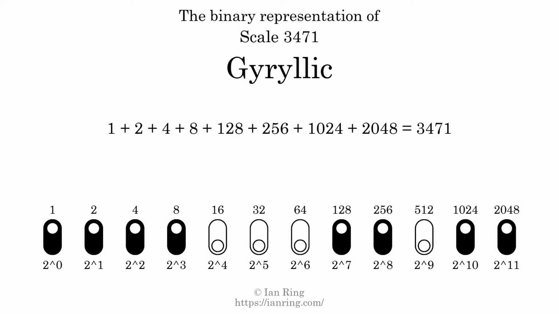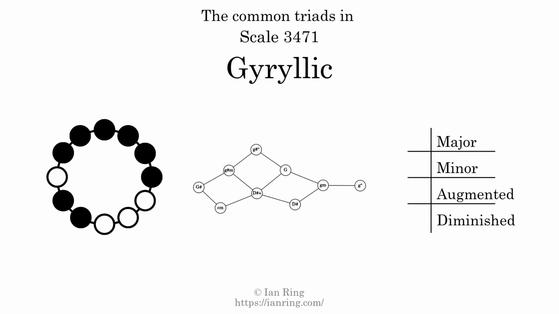That is why the scale number, in decimal, is 3471. The scale number not only enumerates the scale with a unique index, but it also literally describes the tonal content of the scale. Represented as a binary number in base 2, the scale number is 1101100001111.